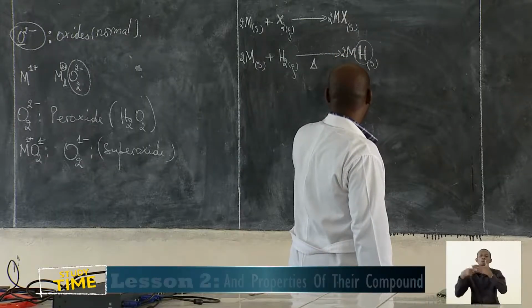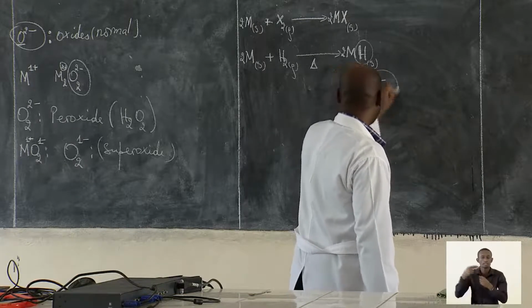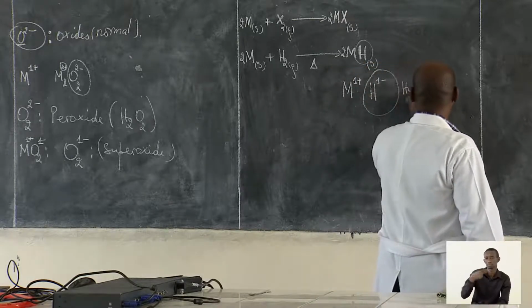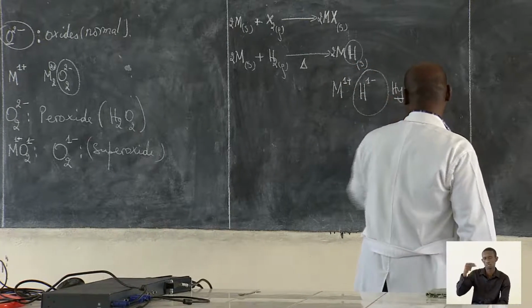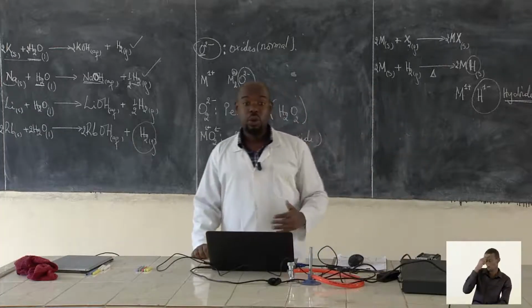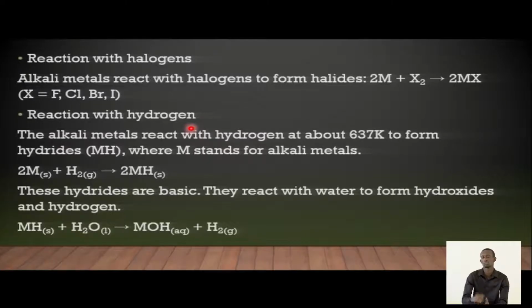So it is M1 positive and H1 negative. And this ion is called the hydride ion. Hydride. And that is the reason why we call them metal hydrides. The compounds we produce, they are called hydrides.